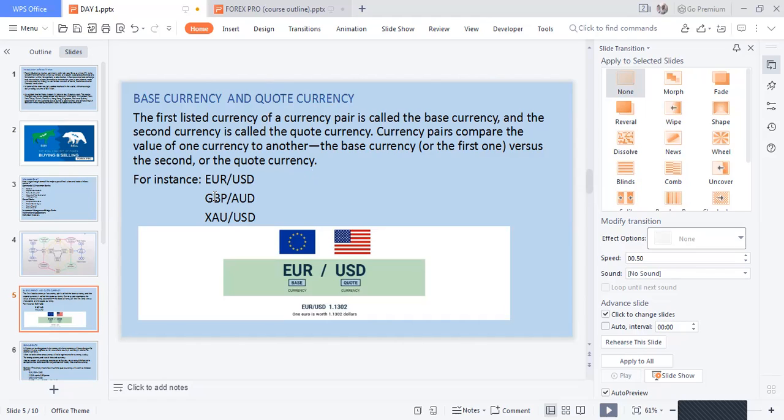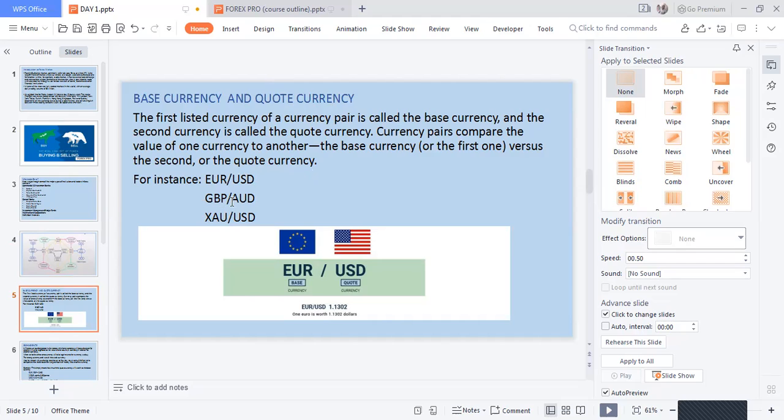Now, if you look at this, the currency pair is EUR/USD. Euro is the base currency and USD is the quote currency, meaning that the base is Euro and USD is the quote. The second one is GBP/AUD.